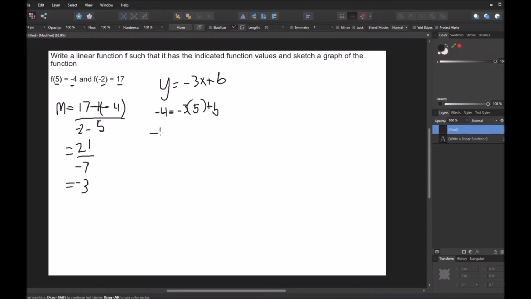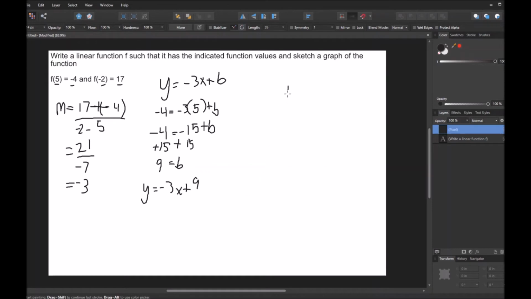That's going to give me negative 4 equals negative 15 plus b. And then I'm going to add 15 to both sides and get b equals 9. So my equation is going to be y equals negative 3x plus 9.